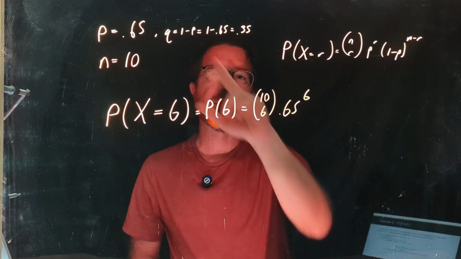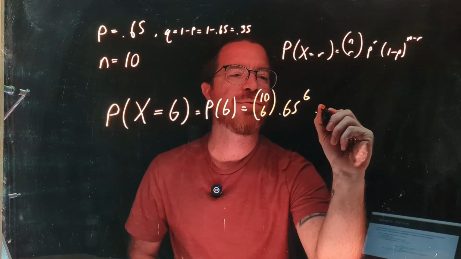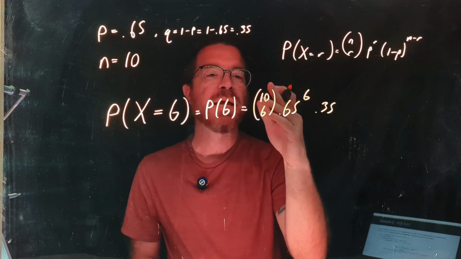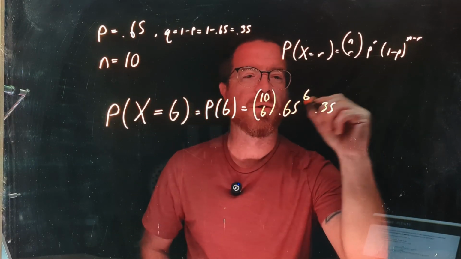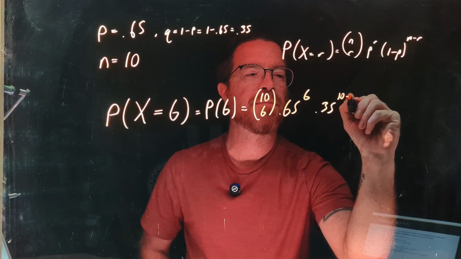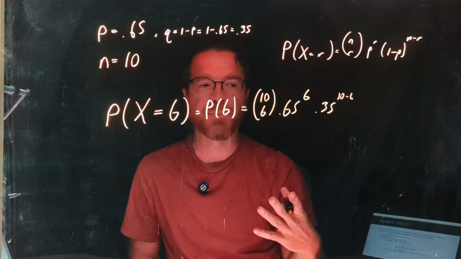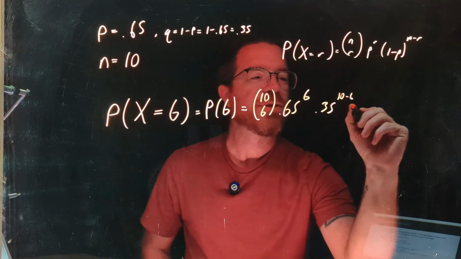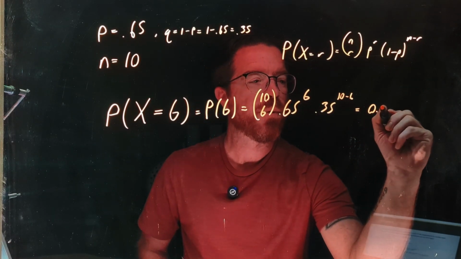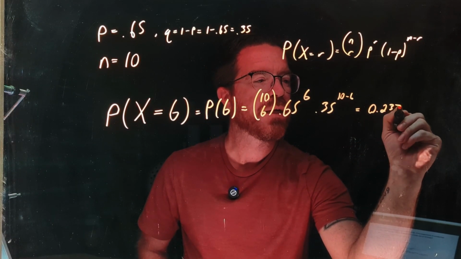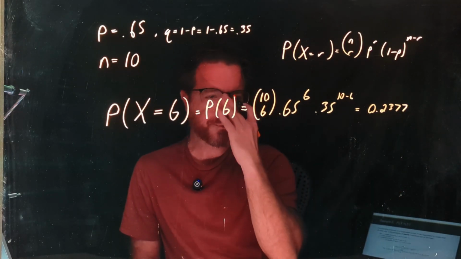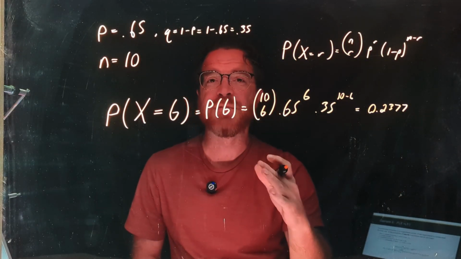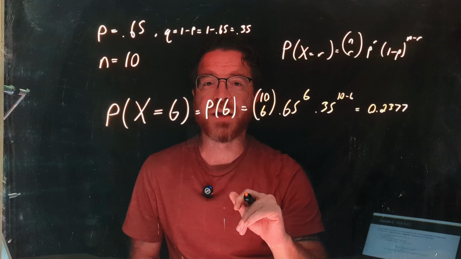Then we have 1 minus p, or q, which is 0.35, to the n minus r power. So I'm just going to write it as 10 minus 6 power, which is to the 4th power. So doing this, we're going to actually find that the answer is equal to 0.2377.